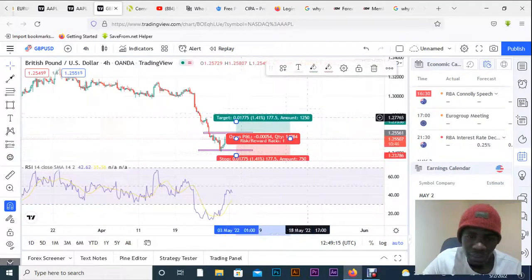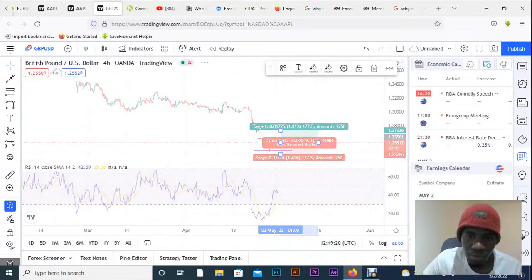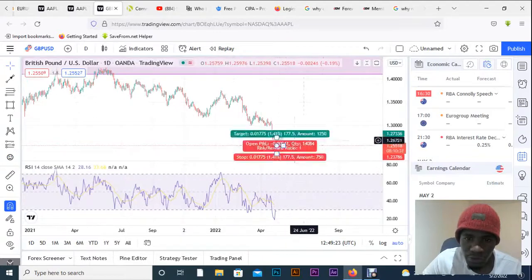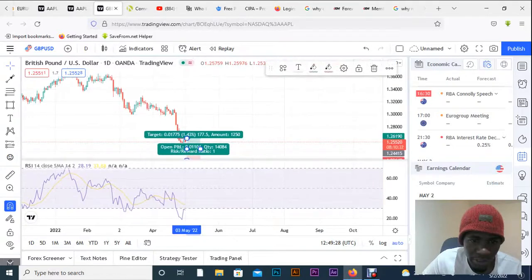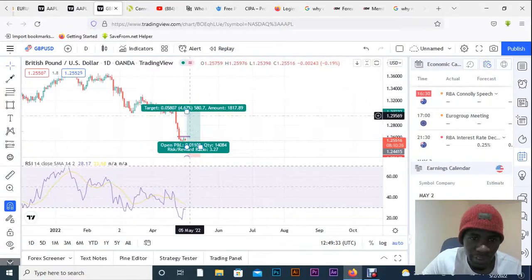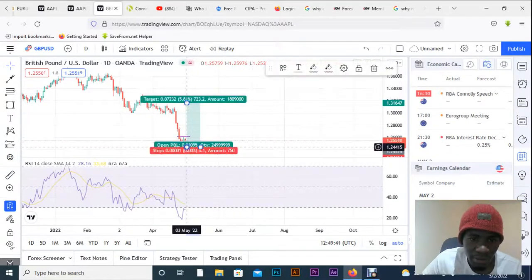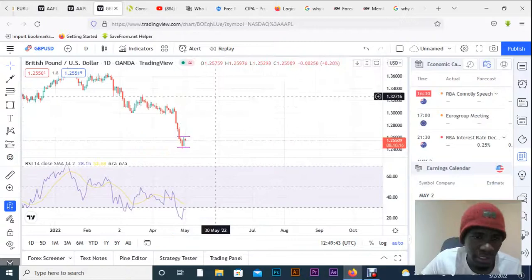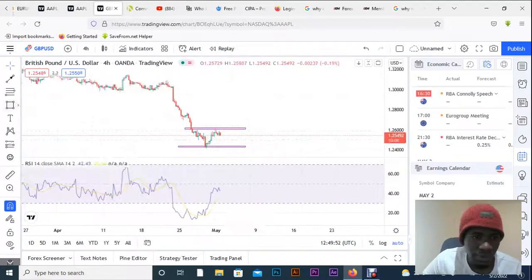Here, guys. So let's go to daily so that we can have room over there. Buy limit, which means stop loss just below this, so we're going for that first TP with a buy limit. Okay, let's go to h4.